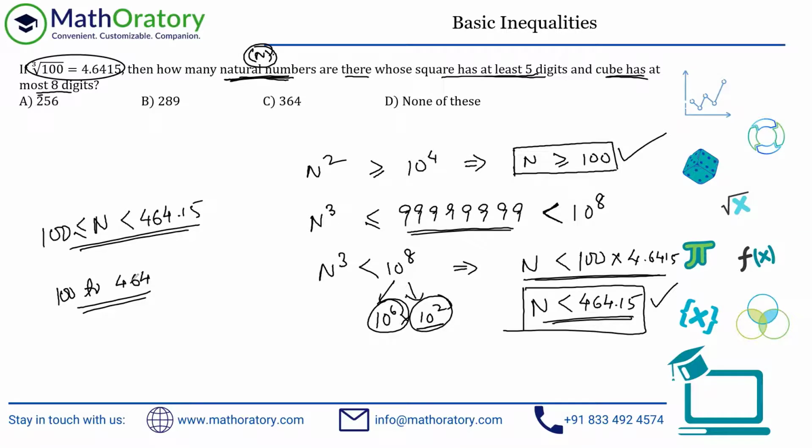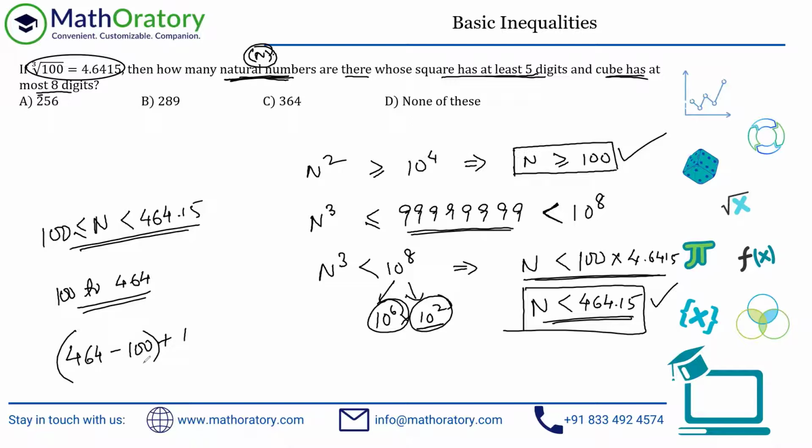So you have this range, 100 to 464. Again, there is another mistake that you can make. Don't take a difference of these two. In this range, the number of natural numbers will be 464 minus 100 plus 1, because when you take the difference of the two numbers, you're actually counting the gaps or the intervals between the numbers.